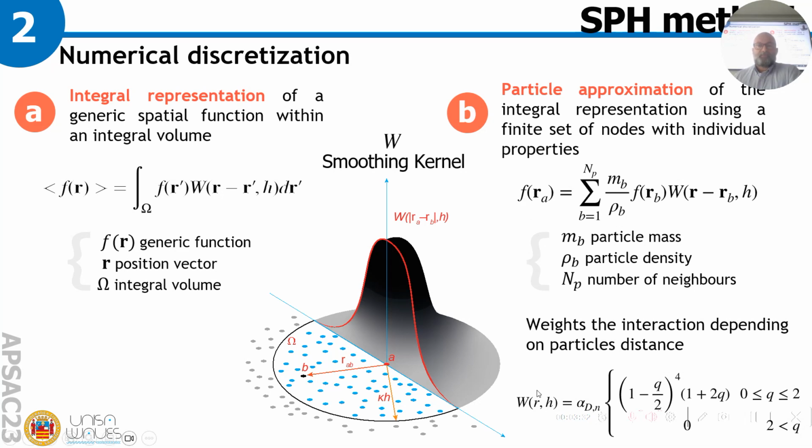We use the Wendland kernel function, which is a quintic polynomial written at the bottom of the slide. So as you can see, the function over a particle is simply the summation of properties over the neighboring particles enclosed in the support domain.